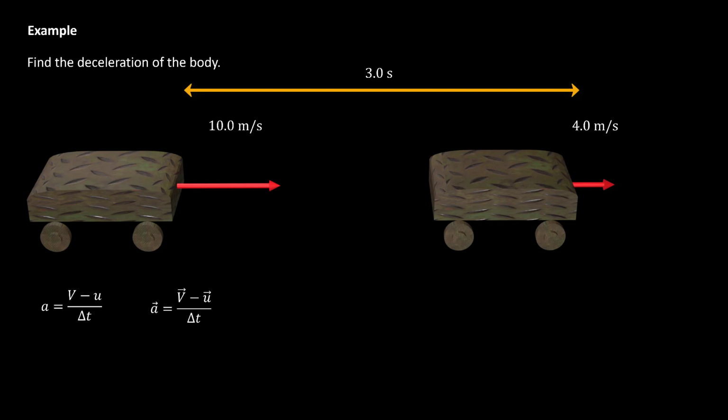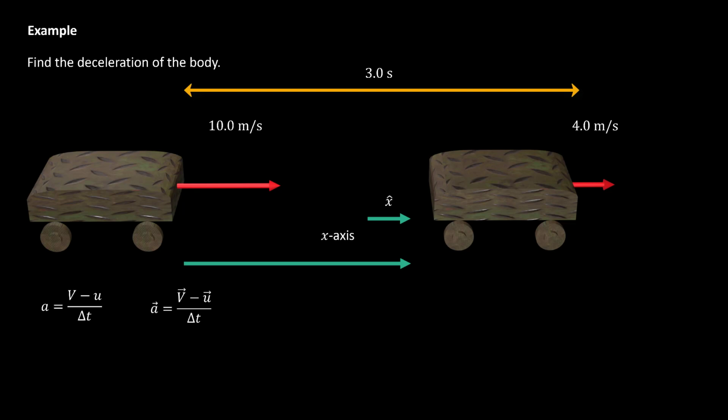Now, if you want to remove the vector arrow on top of each vector quantity, we need to do so in accordance with an axis in place. For our problem, let us place an x-axis as shown. Then we place x hat to indicate the direction of our x-axis.